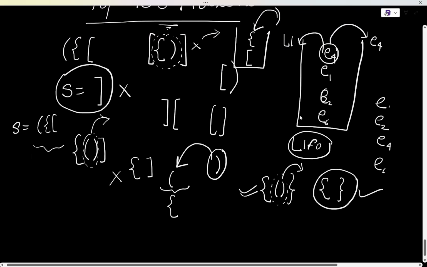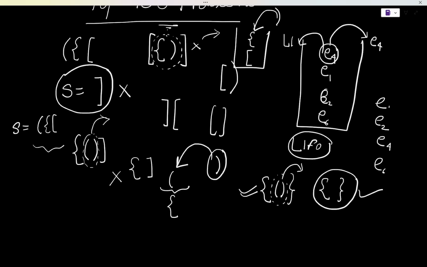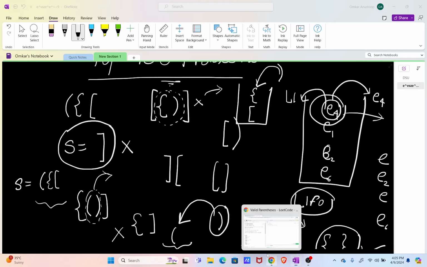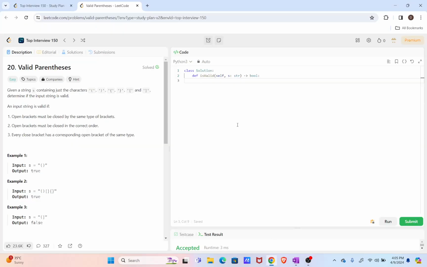As I had explained in the previous video, stack is last in, first out. So we need a data structure such that the last element which was inserted is the first element to be popped out. That's exactly what happens here, right? The last element to be inserted, E4, will be the first element to be popped out. So it's the nature of the data structure that matters. Name does not matter. The list data structure of Python behaves like that, and that is sufficient for us.